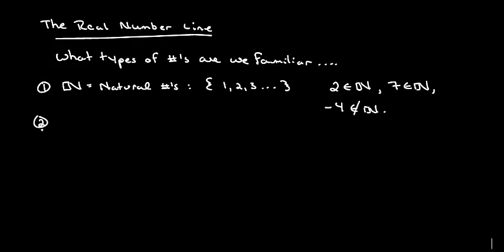So if you're not used to that notation, now's a good time to make a note of it in your text or in your notepad or whatever. A bolded Z stands for the integers. Comes from the German Zahlen, which stands for number, I believe.